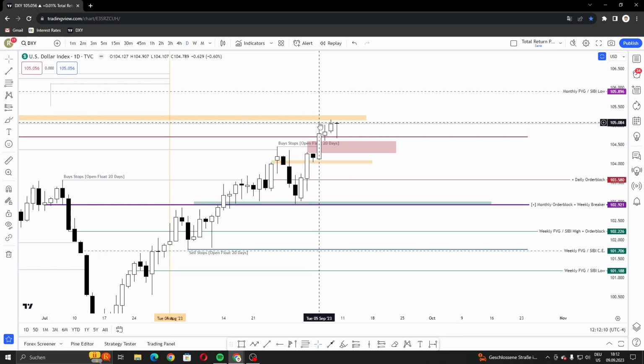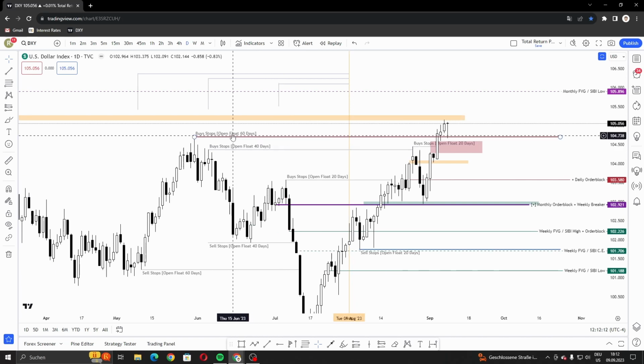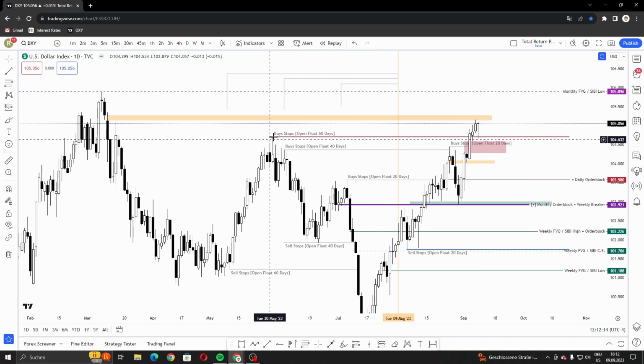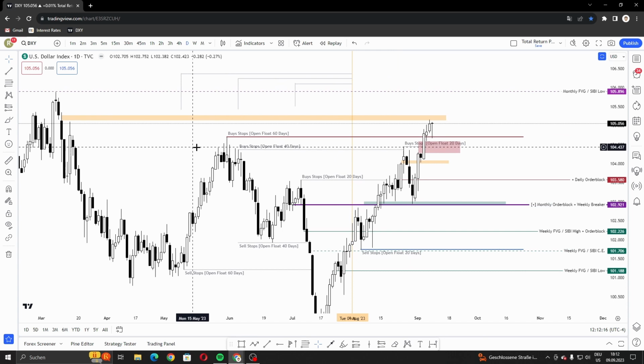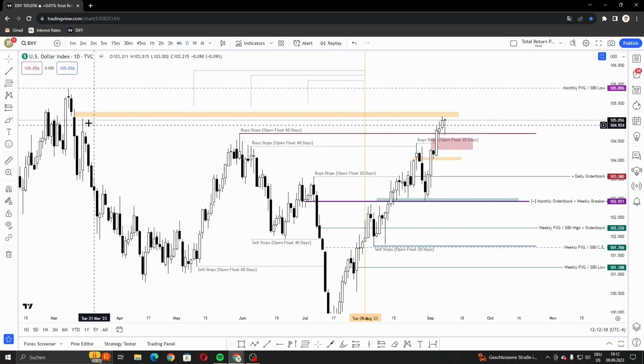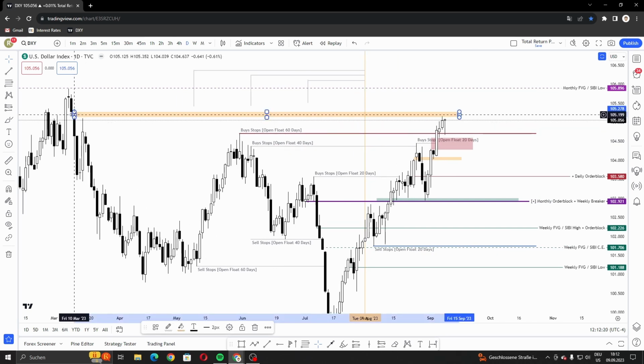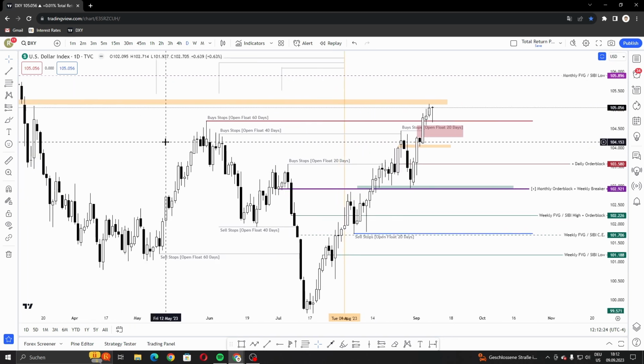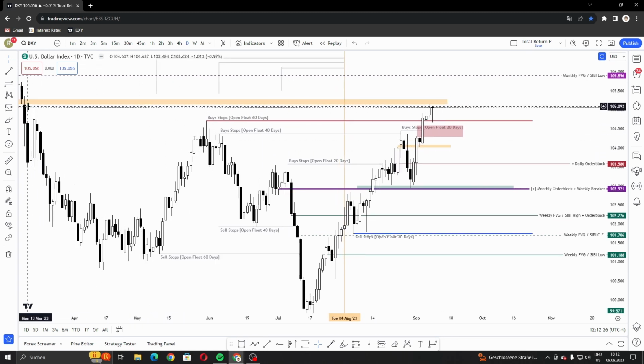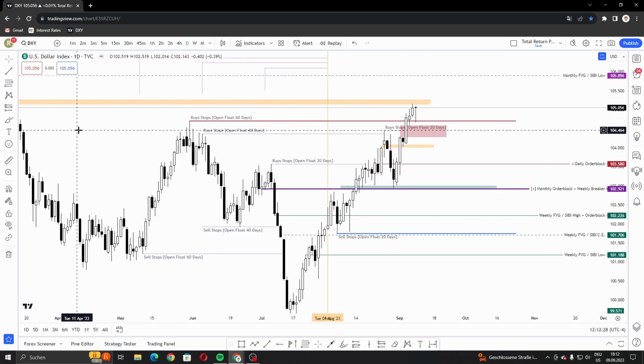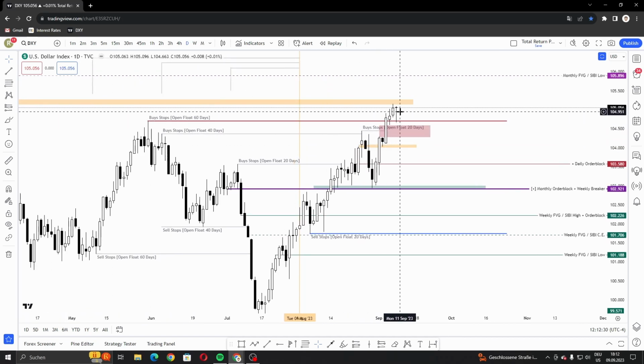We took out the buy stops of the 60-day open float, as you can see here, and we were targeting and aiming for the volume imbalance right here, which was still open above this swing high, and all of our targets were met this week.